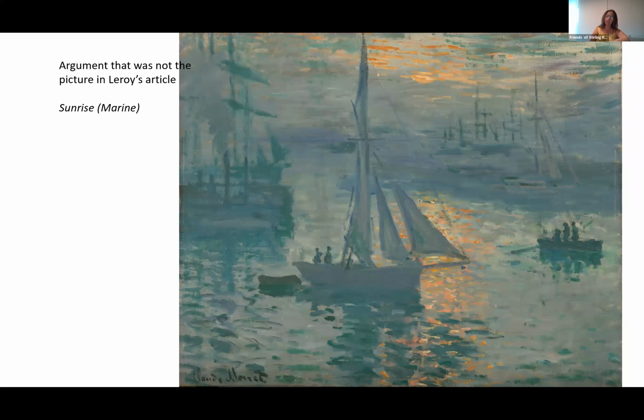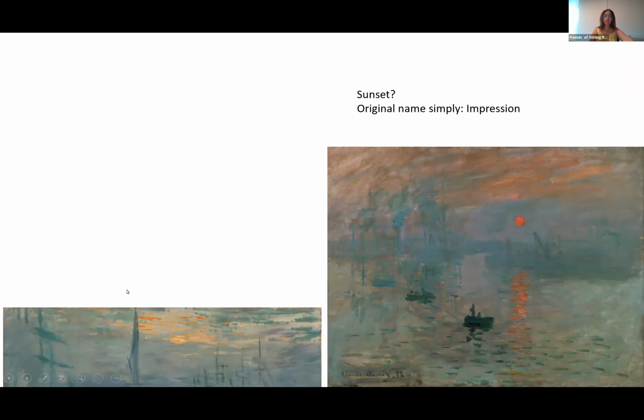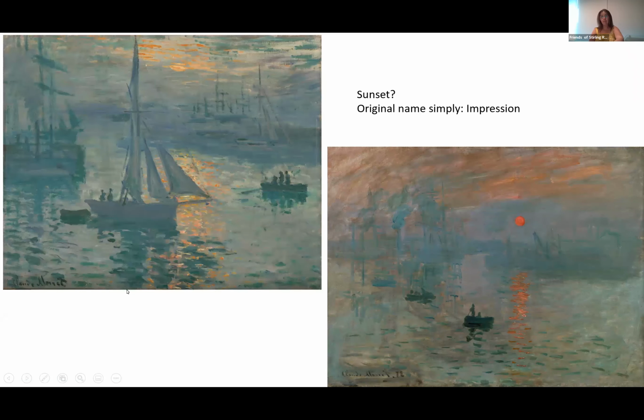Today it is called Sunrise Marine, but also it's painting the silhouette of those sailboats. If we compare this one, probably this is a sunset and the other one is a sunrise. And the original name was simply Impression. And that is the debate that we have today.